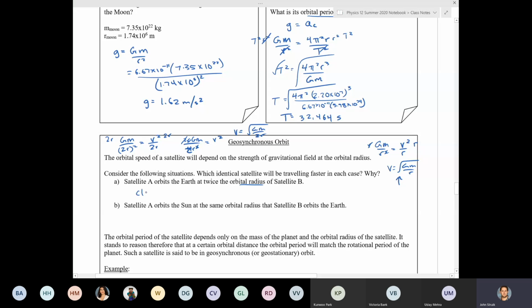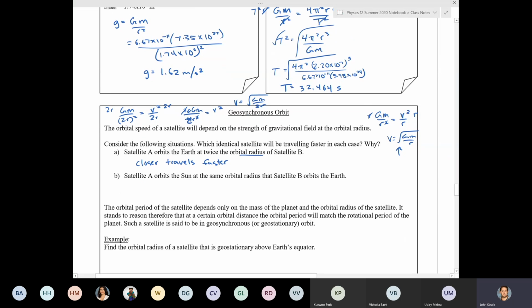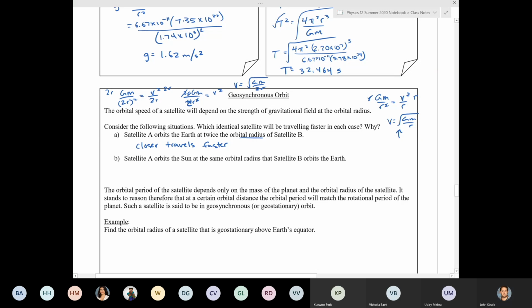Okay, so closer travels faster. And in this case, it's because g is stronger at that point.